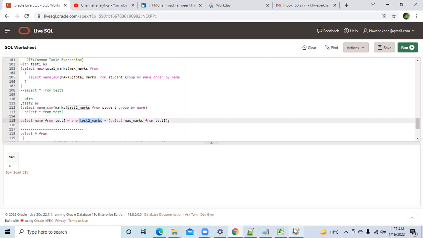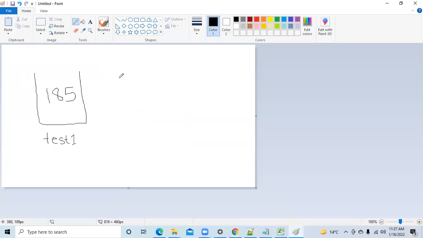So again, test 1 is 185. Now in test 2, all the marks. This is test 2, and in this we have all the numbers that A, B, C, D have scored.